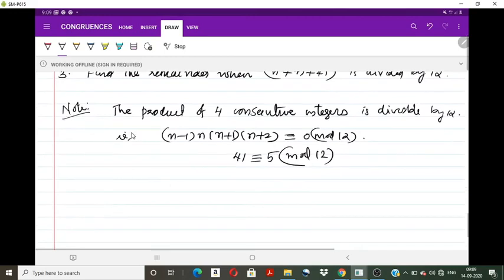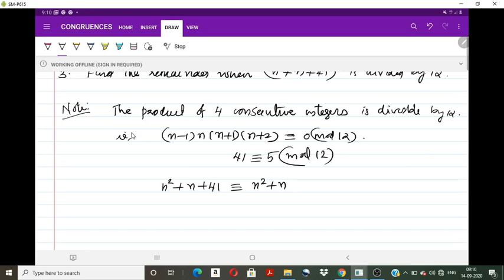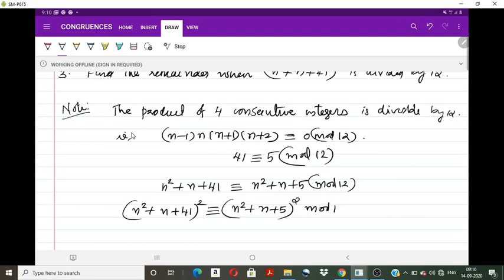Keeping this in mind, n square plus n plus 41 is congruent to n square plus n plus 5 modulo 12. So n square plus n plus 41 whole square is congruent to n square plus n plus 5 whole square modulo 12.